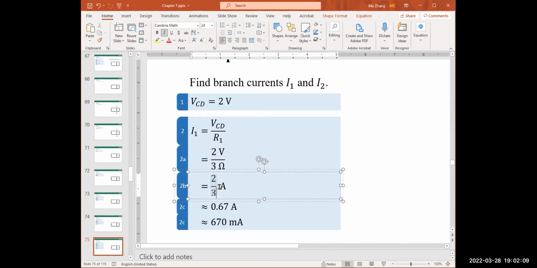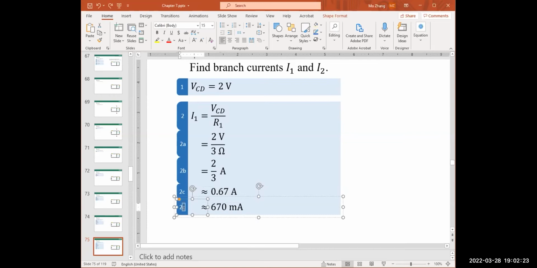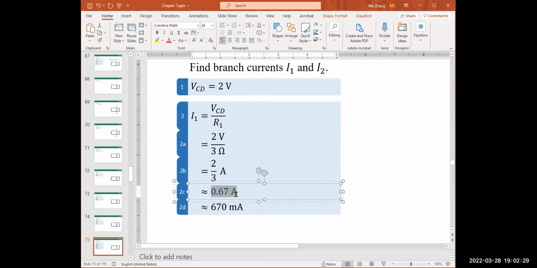So let's convert this, right? We actually punch the numbers into a calculator and get a decimal form. The unit for current is amps. Step 2, let's call this 2D. 2D is optional. For our class, we don't have to make it look better, which means move the decimal point, get an engineering notation, and then replace the prefix.